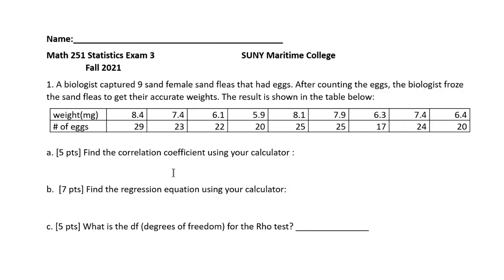I can populate the answers now. R is 0.8739. That's the correlation coefficient, either capital R or lowercase r. And for the regression equation, I simply wrote a plus bx with the value of a and the value of b. And the degrees of freedom is 7.